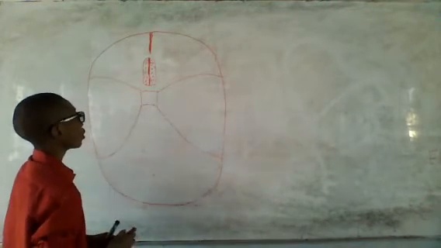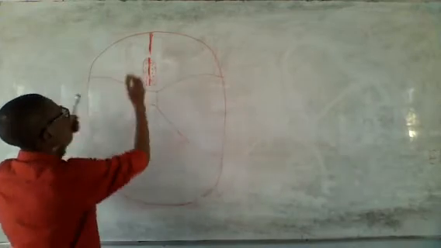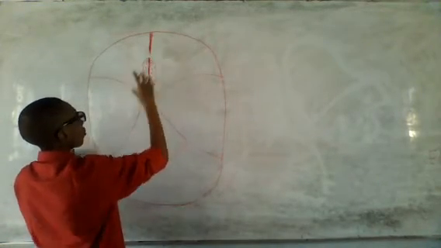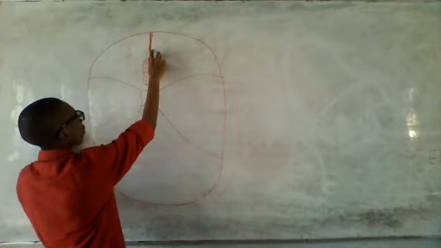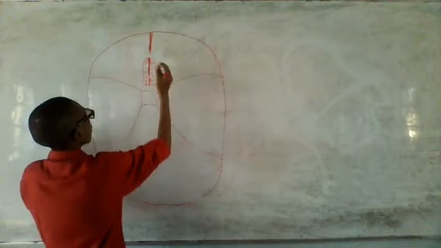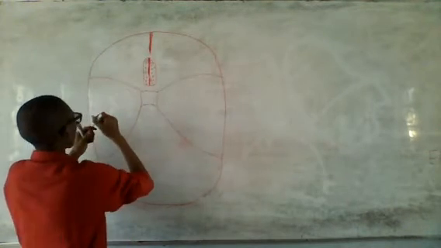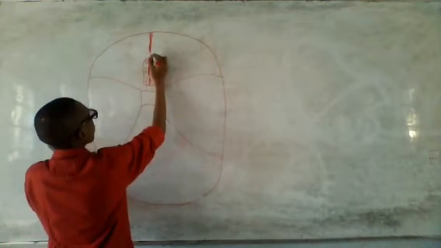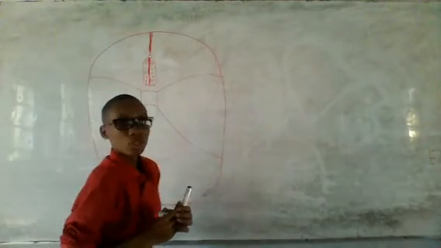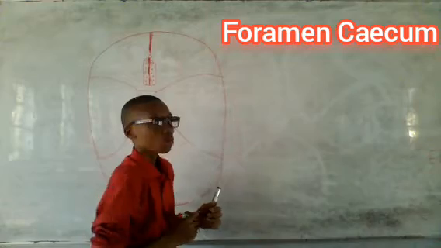So now let's begin with the foramina. Between the frontal crest and the cribriform plate, or crista galli, there is a foramen here. This foramen is called the foramen caecum.